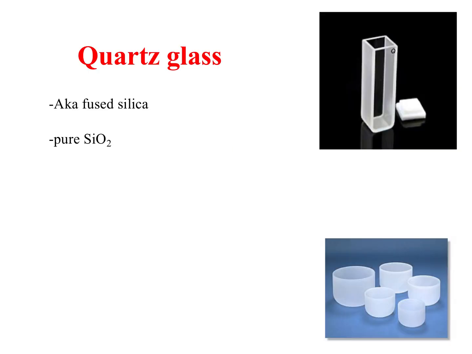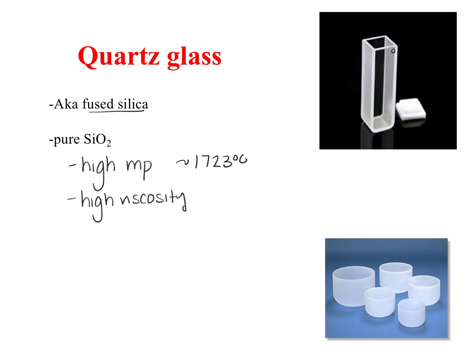This is also known as fused silica, and it is pure SiO2. It's pure silicon dioxide. It has a really high melting point at around 1723 degrees Celsius. It has a very high viscosity. That means it flows really slowly. It is very chemically and physically durable.